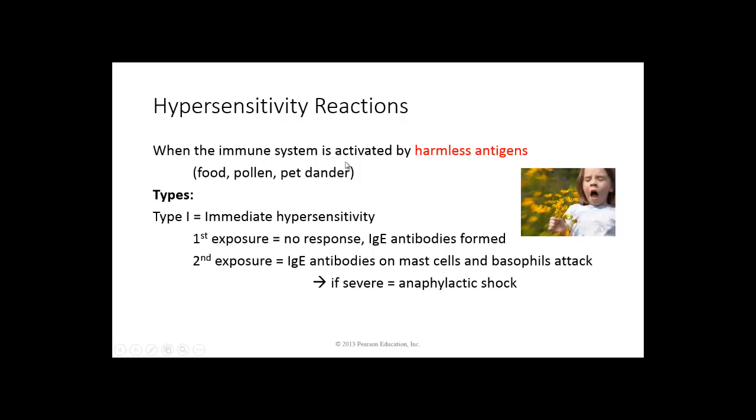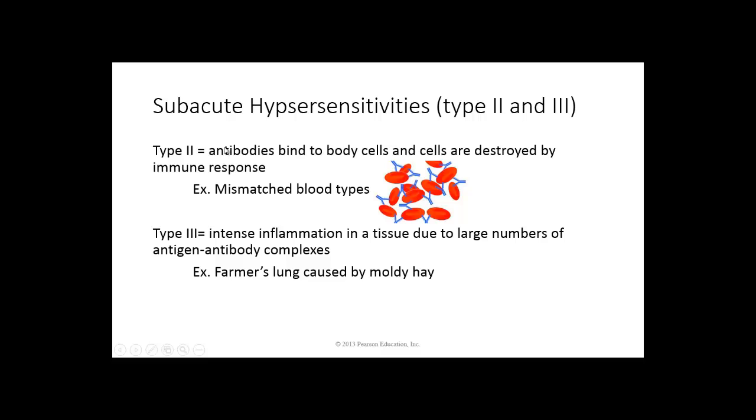So another type of hypersensitivity are the type 2 and 3 sensitivities. These are subacute, takes a little longer to develop, but we see antibodies binding directly to body cells in the case of the type 2. So an agglutination reaction we see if we had mismatched blood types would be an example of a type 2 reaction.